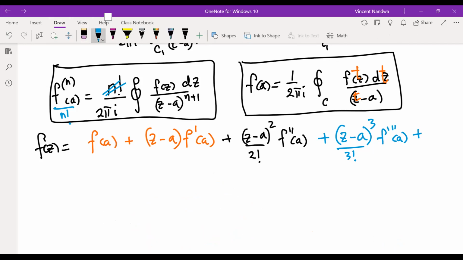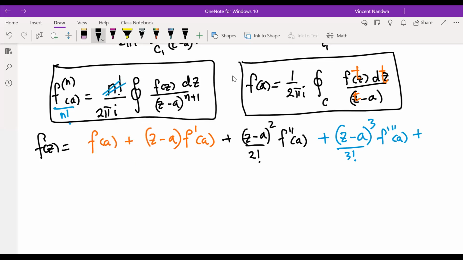So the next term will be given by z minus a raised power 4 over 4 factorial.